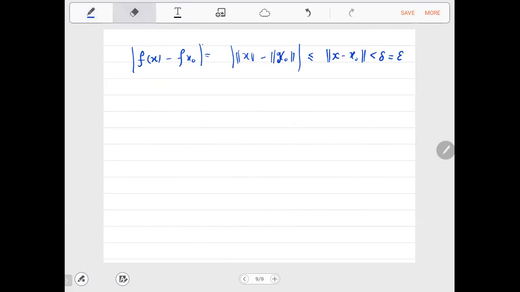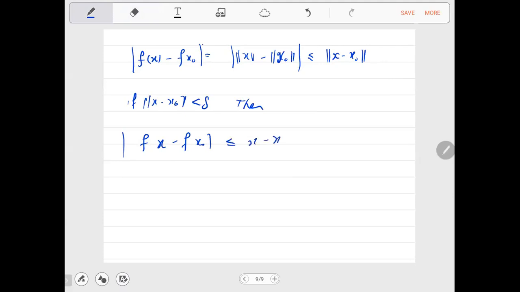So you can write in the next line, right? If the norm of x minus x naught is less than delta, then from this one, the norm of f of x minus f of x naught is less than delta, which is equal to epsilon.